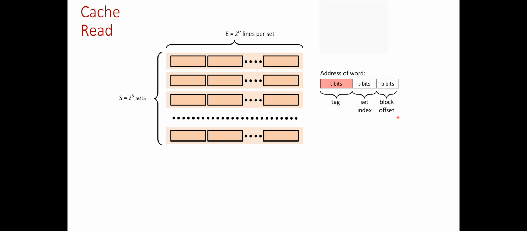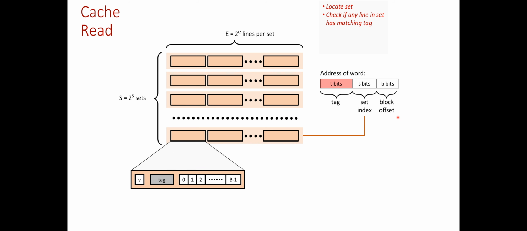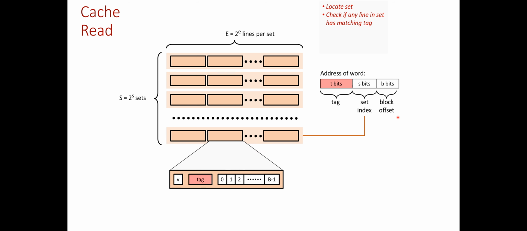And so with this address, in order to find out if it exists in cache, the system is first going to go to the right set, and then it's going to check if any line in that set has a matching tag. So it's going to start here, and then if the tag doesn't match, it'll go to the next one. And oh, these tags match. Aha, okay. So if it finds a matching tag, that's a hit.